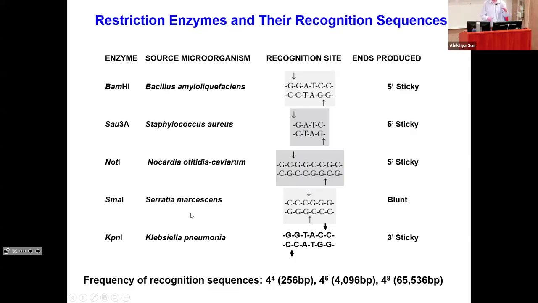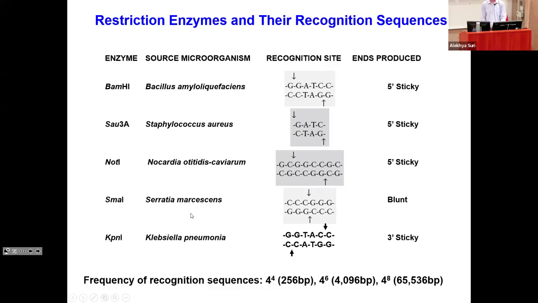For example, with the yeast chromosome, if you use this enzyme, you would create just two or three fragments of a huge chromosome. So it's not very often present. Others would be present every 10 base pairs or so, very often, like BamHI, for example.